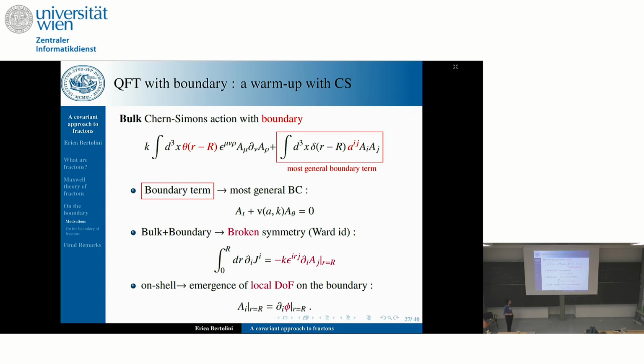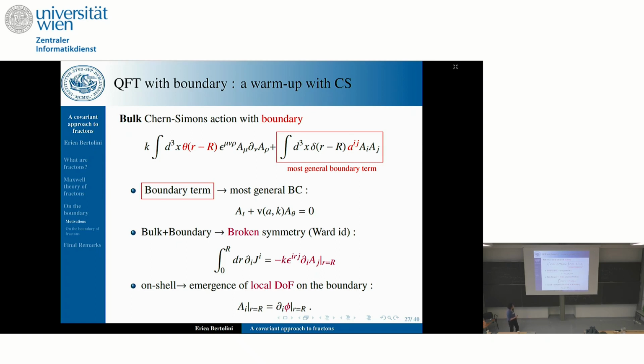And since we're adding a boundary in the theory, this breaks everything. For instance, this breaks the symmetry of the theory. Of course, I'm considering here an example of the Chern-Simons case, just because it's easier to show the computations, with respect to the fractonic case, which I will show you in a moment.